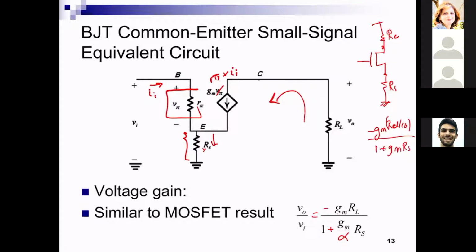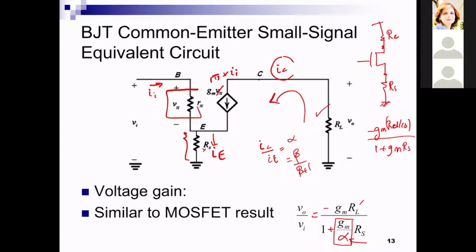The same equation holds in the BJT, except that the GM in the denominator becomes RL prime, where RO gets divided by alpha, because of the difference between the current that depends on IC and the current which flows in RS, which is IE, and we all know that IC over IE is equal to alpha, which is equal to beta over beta plus 1. So this leads to a slight difference in the equation for the BJT.